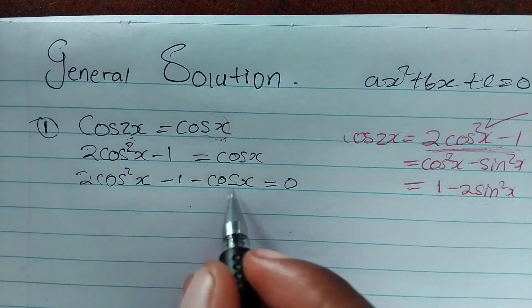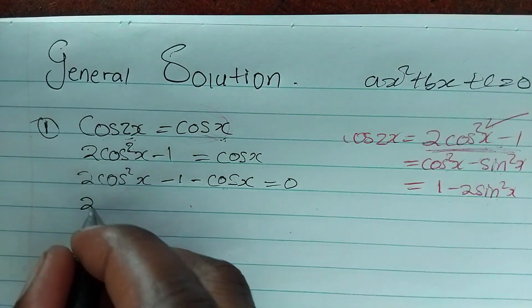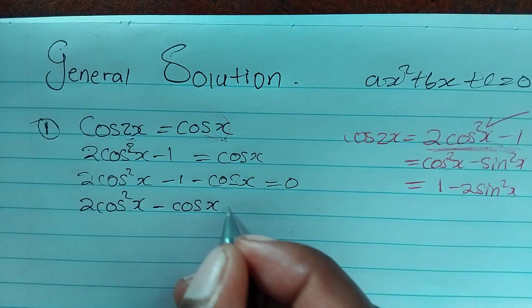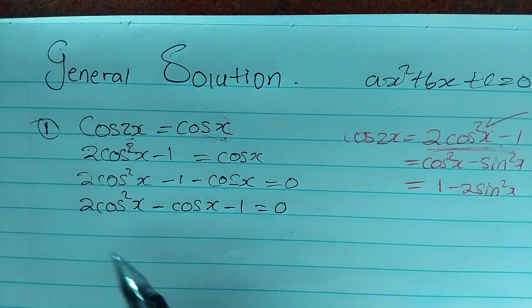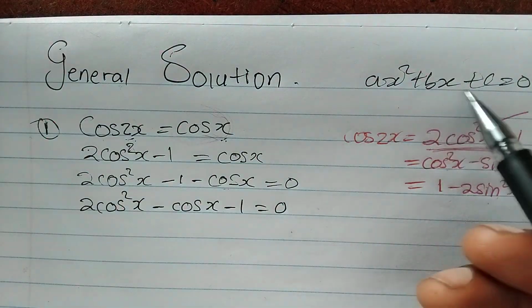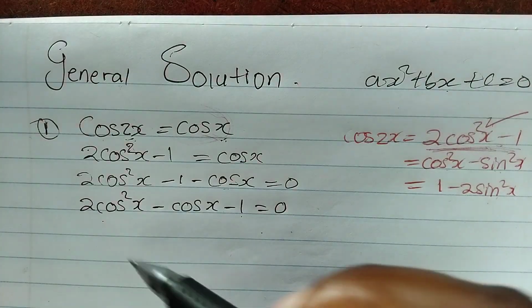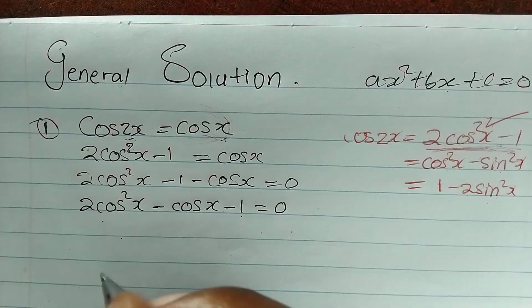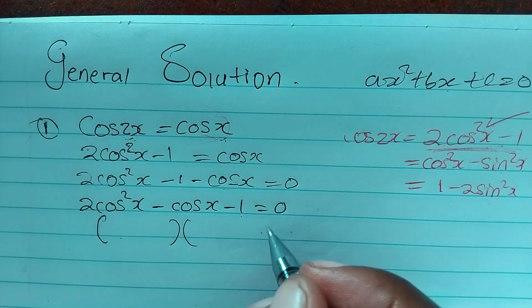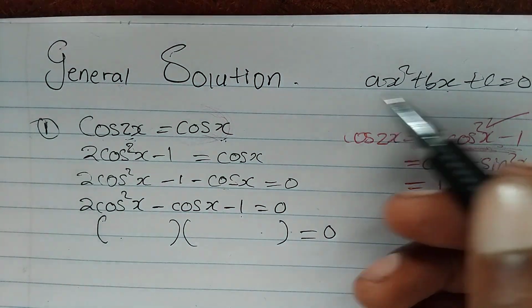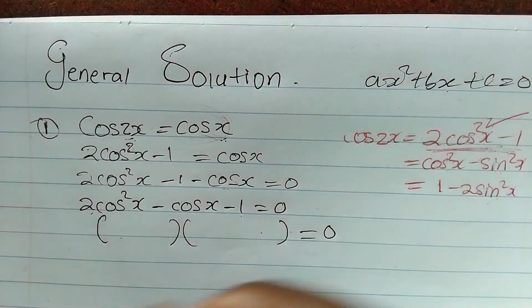So if we rearrange this into the format, this will be 2 cos squared x minus cos x minus 1 equal to 0. Now it's in this format. So you can use the quadratic formula to get the answers here, or if you know the factors, you can just put them inside. So you either use the quadratic formula or use the factors here.